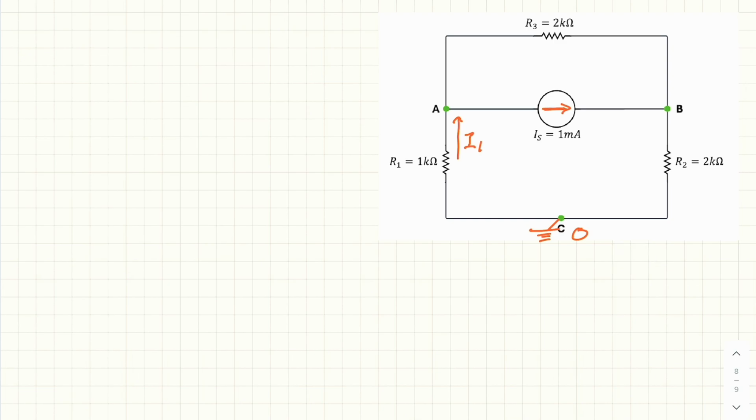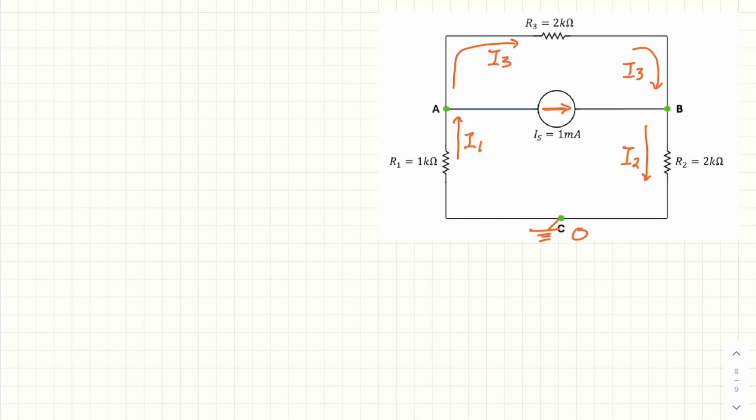This is the current source. We assume I3, which is passing through R3, flowing out from node A. So at node B, we assume this is, of course, I3. And then we assume IS and I3 combine and become I2, which will pass through R2.